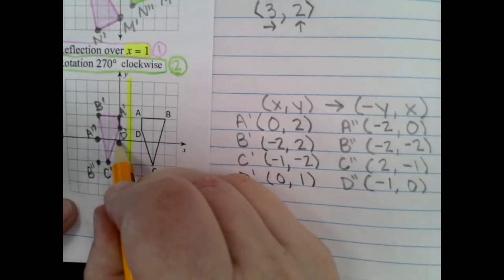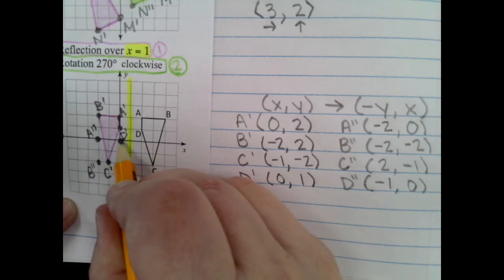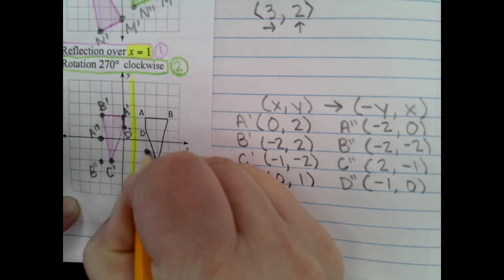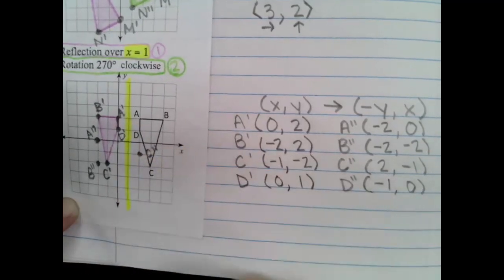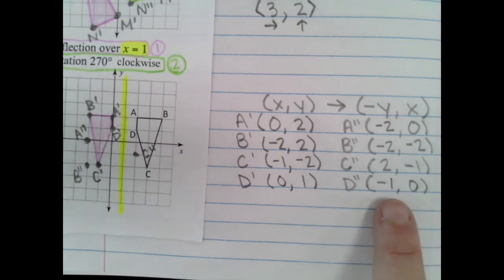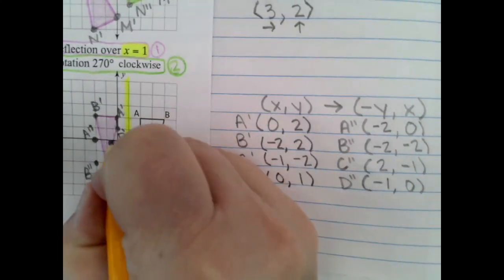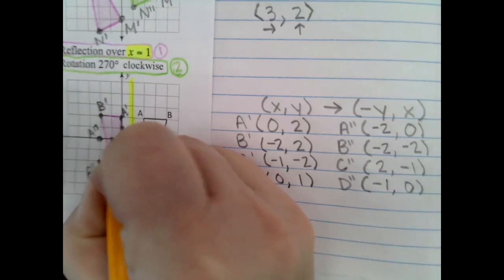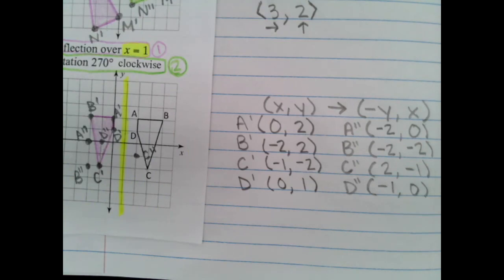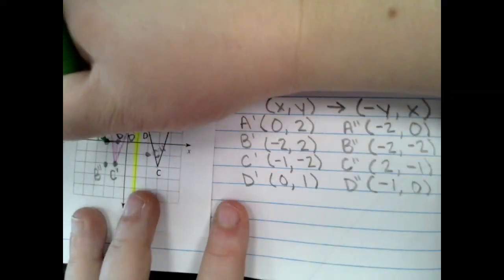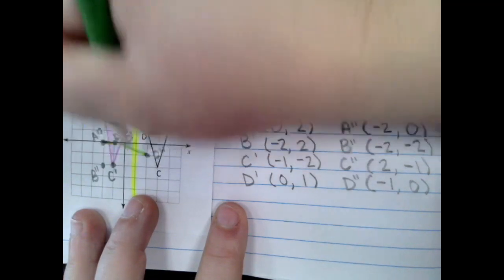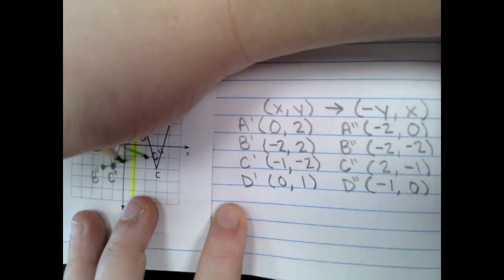So right 2. Oop, I almost started at that yellow line. Start at the origin. Right 2, down 1. There's our C double prime. And then our D double prime is negative 1, 0. So left 1. And this one is kind of goofy. There's overlap here. So it's really important that I'm using those two colors, because it can get a little goofy to see how those work together.